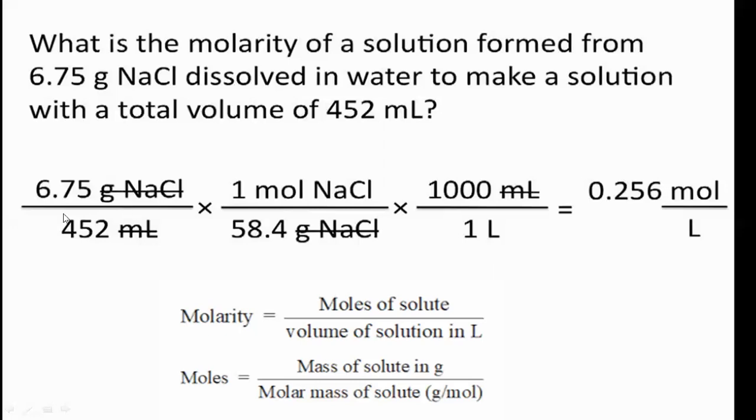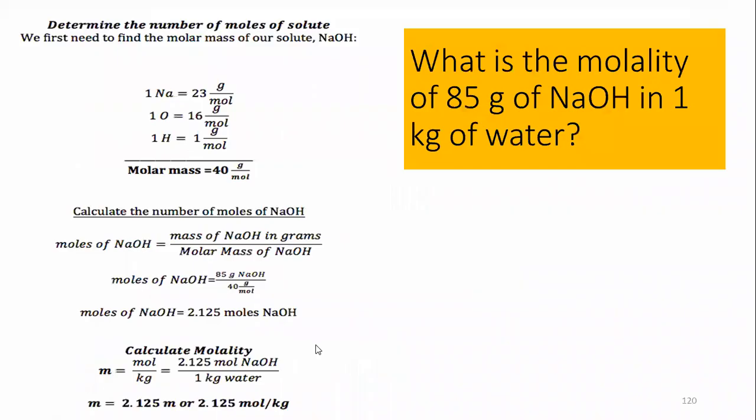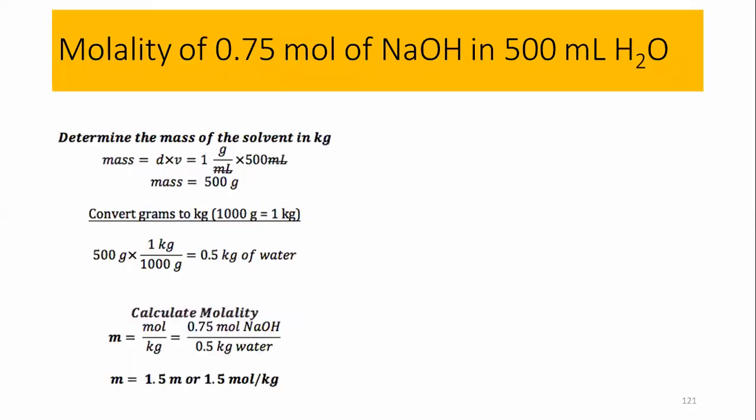So you can use any of the formulas according to your need. I'm coming back to the molality, and here I have explained by first calculating the number of moles and then the molality. You can use any of the ways which is better for you, the way you can better understand to calculate the molality. Let's see another example.